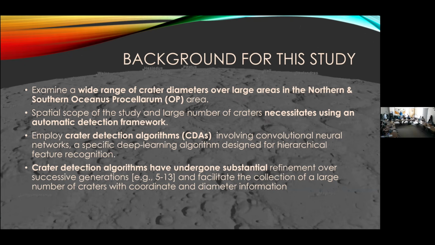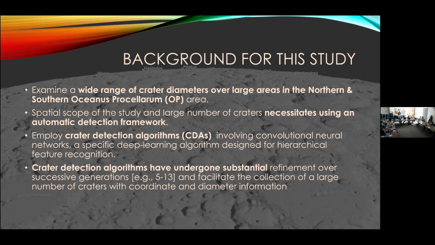So, the background for the study. We're looking at a wide area, and we're looking at a lot of craters. At this point, the manual methods become a little bit impractical, so the preference is to engage an automatic detection framework.